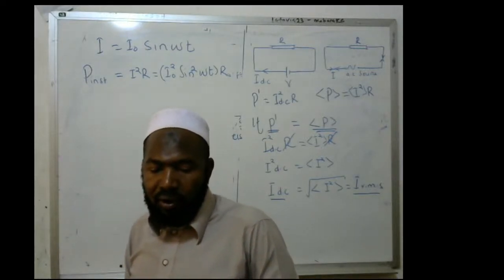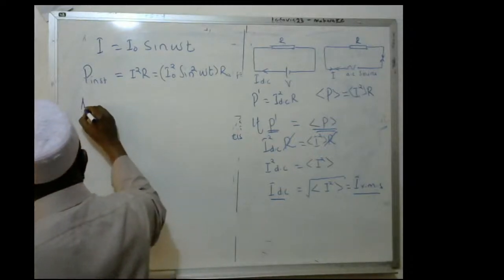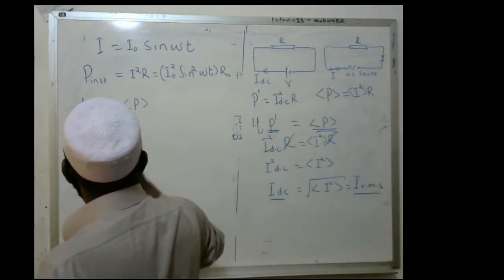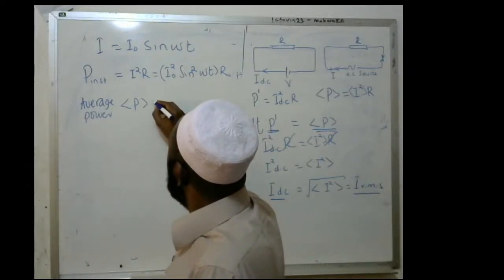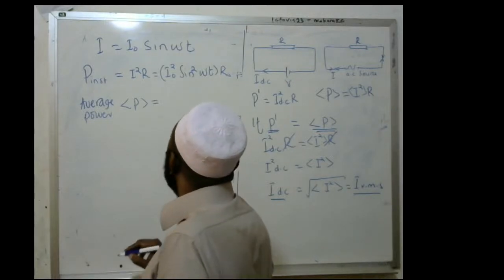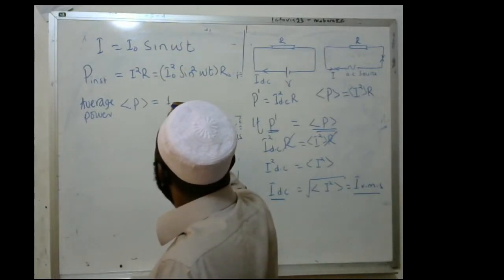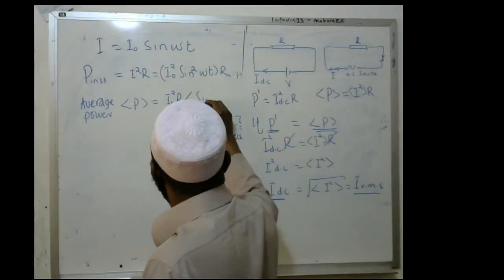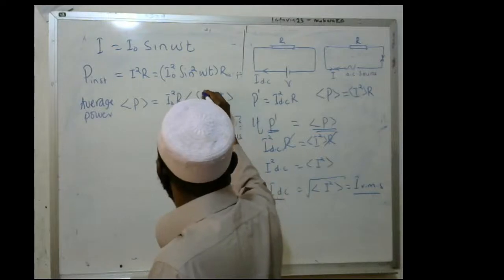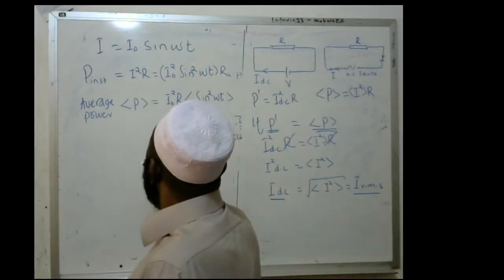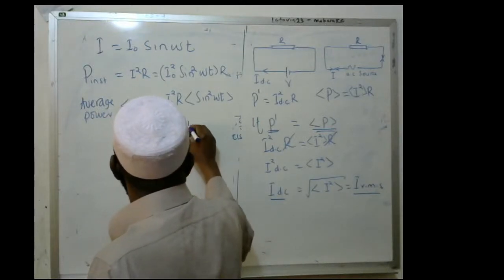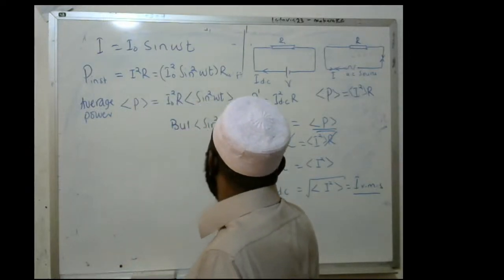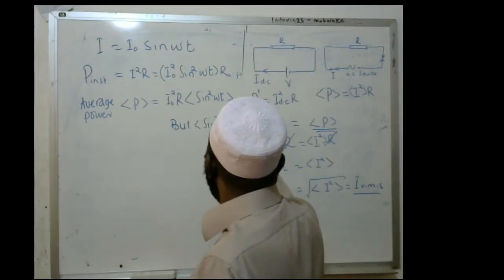That is the instantaneous power of alternating current. The average power, denoted by P average, is now going to be equal to I naught squared R, then the average of sine squared omega t. From trigonometry, the average of sine squared omega t is equal to a half.